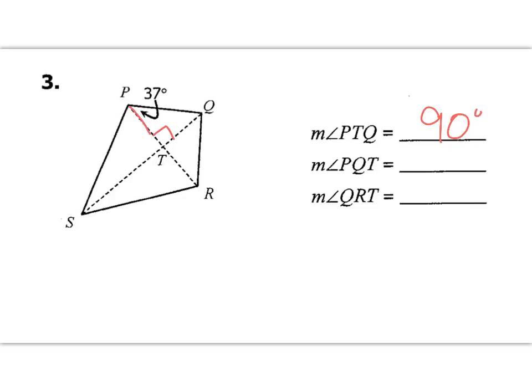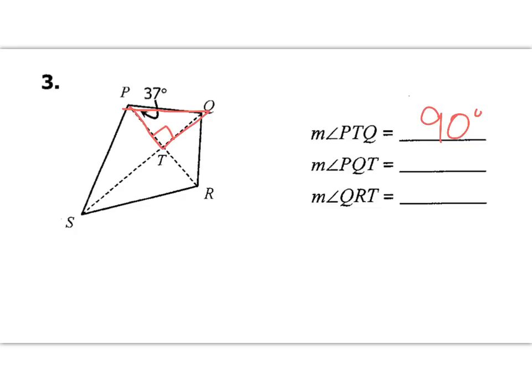Now, if we're given QPT and PTQ, and we want to find PQT, this angle right here, we want to look at this as a smaller triangle. It's a right triangle, so we know this is 90 degrees. The sum of all the interior angles of this triangle has to add up to 180.